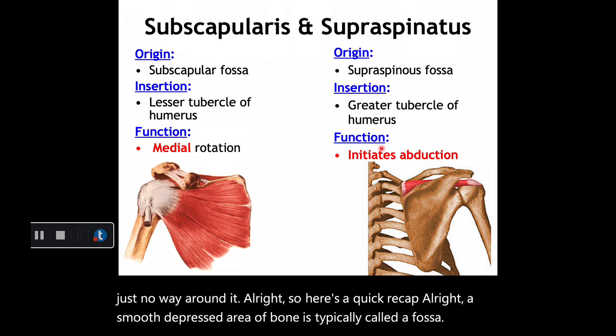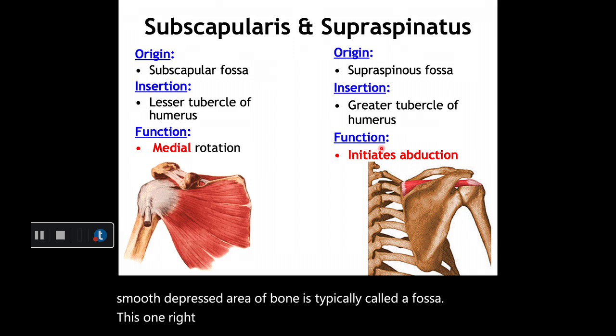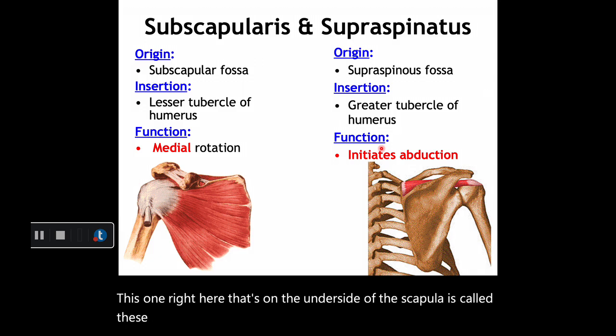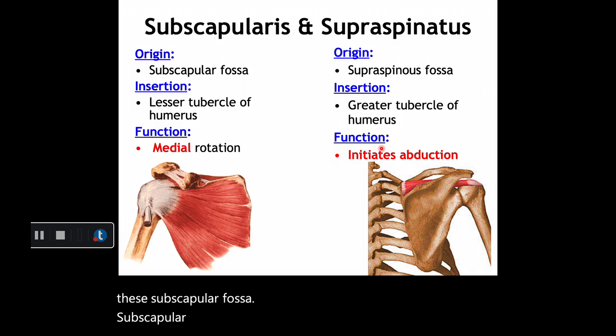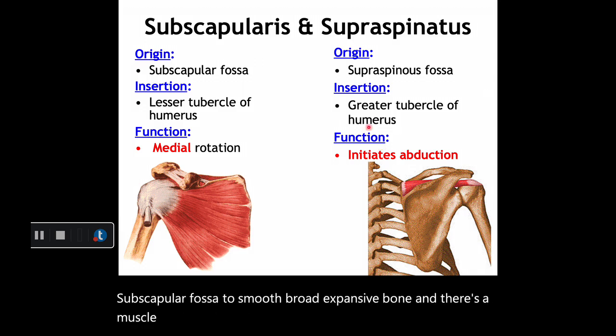This one right here, that's on the underside of the scapula, is called the subscapular fossa. It's a smooth, broad expanse of bone, and there's a muscle that originates here, shockingly enough, called subscapularis.